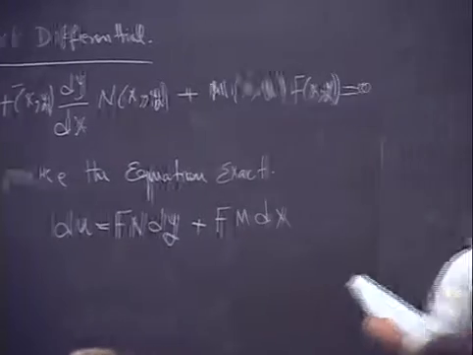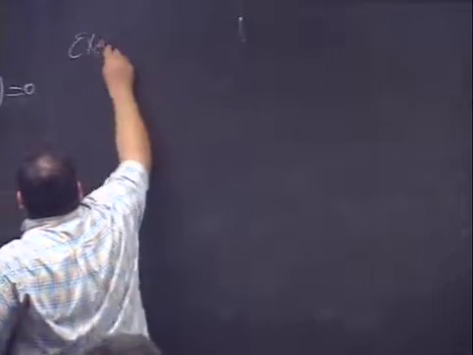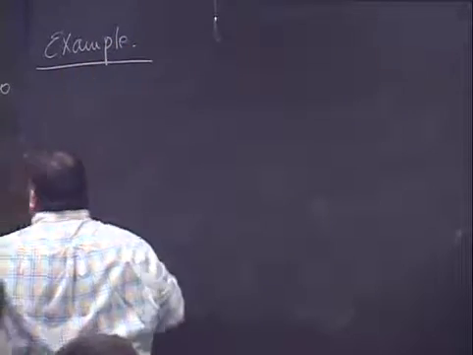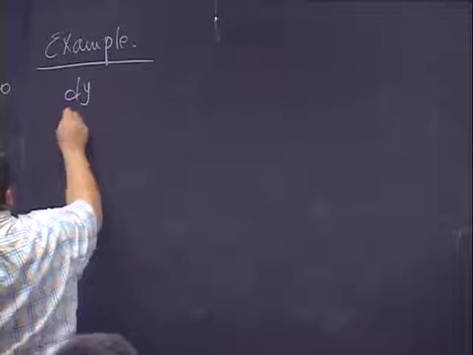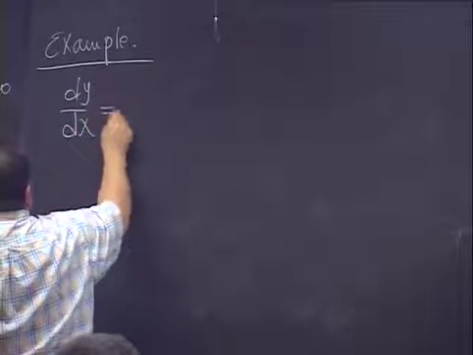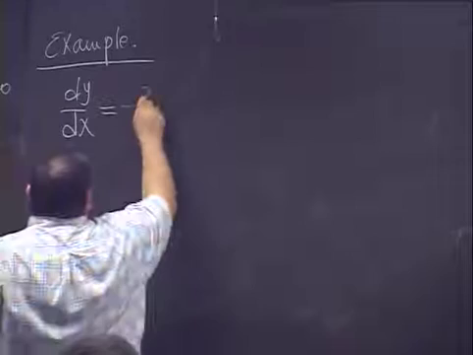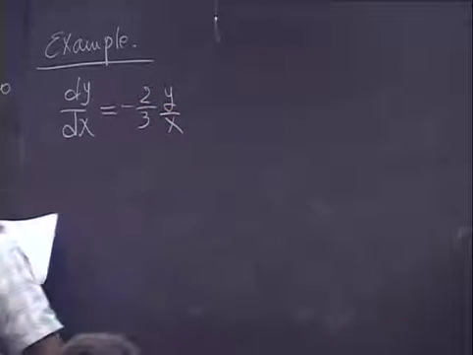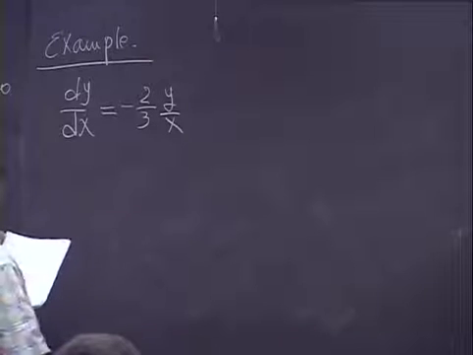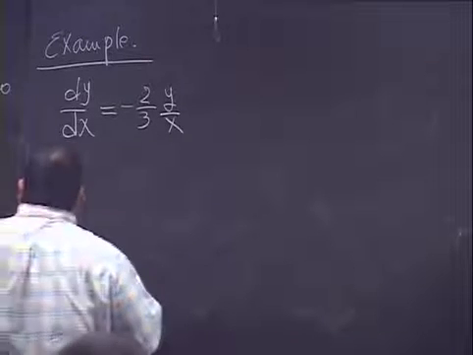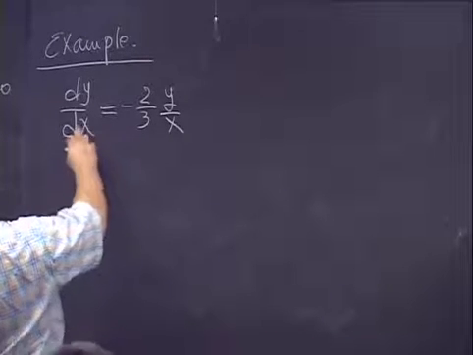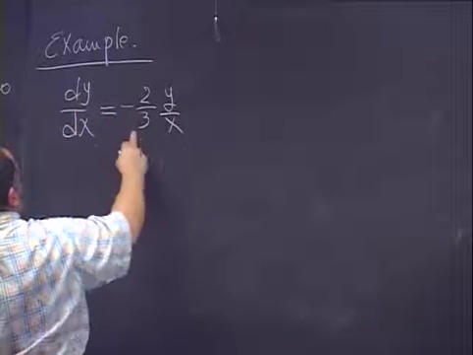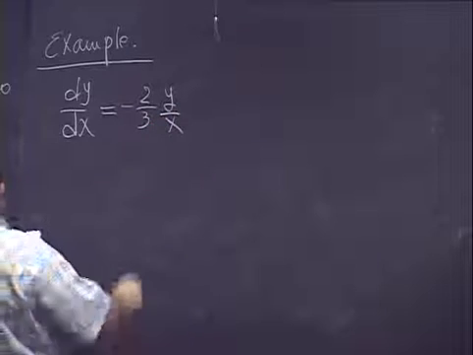Okay, here is the example. dy by dx equal to negative 2/3 y divided by x. This is also separable, because dy over y equal to negative 2/3 dx over x.